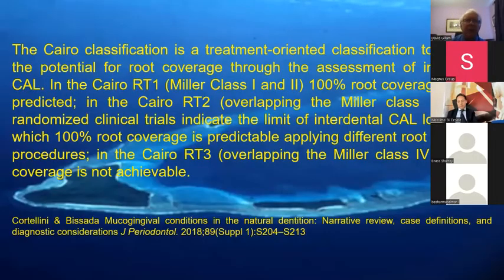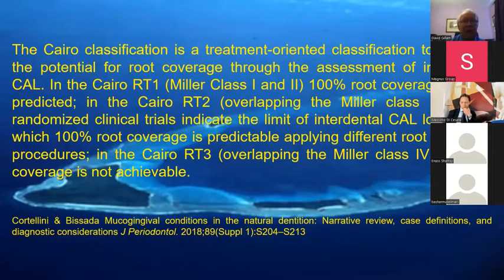Next slide, please. So the Cairo classification, according to Cortellini and Pini Prato, is a treatment-oriented classification, and it forecasts the potential for root coverage through the assessment of the interdental attachment.